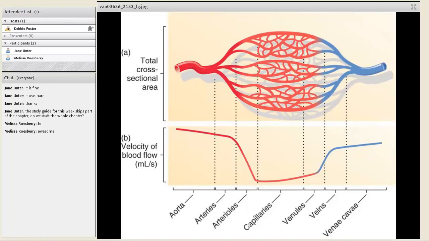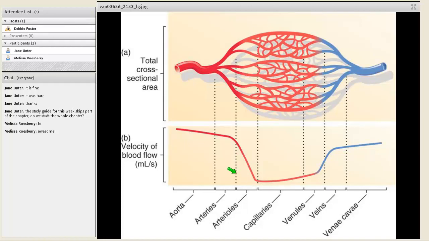All right, so here's another one that talks about flow that I wanted to mention, and that is the velocity of flow. It's going to be higher velocity as we push it through the aorta. As we get towards the arterioles and the capillaries, our velocity, our speed of flow, diminishes. Part of this is due to a decrease in diameter, which we're going to get to today.